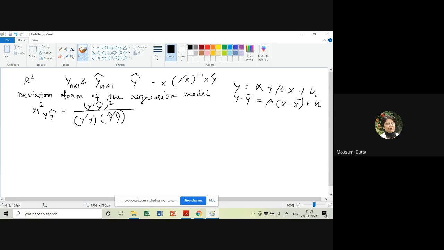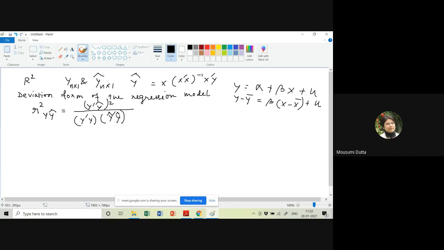If I consider y prime y hat, that means I am considering summation y_i square in the numerator, the covariance between y prime and y hat, and since I'm considering R square, I'm considering the square of this. In the denominator, we will have the two variance terms: y prime y is the variance of y, and y hat prime y hat is capturing the variance of y hat.